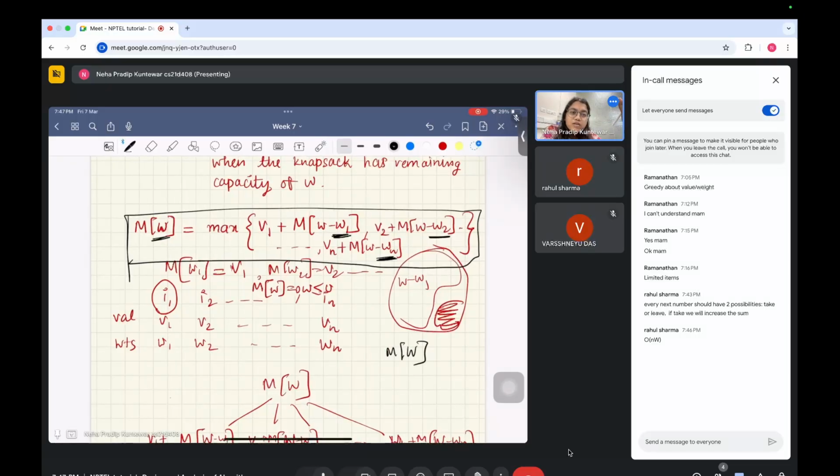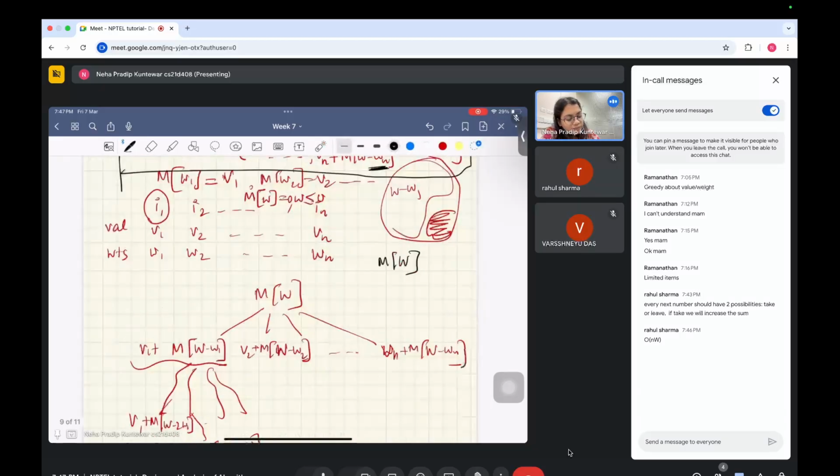So if W is very large, for example, say 10 million in the coin problem, so I want to make 10 million rupees, but let's say the maximum coin that I have is of value 10 rupees. So what will this formulation do? It will just subtract rupee 10 from the 10 million. Then from the remaining amount, I'm again going to subtract 10 rupees, and so on. So this will happen how many times? This will happen 10 to the 7 times.